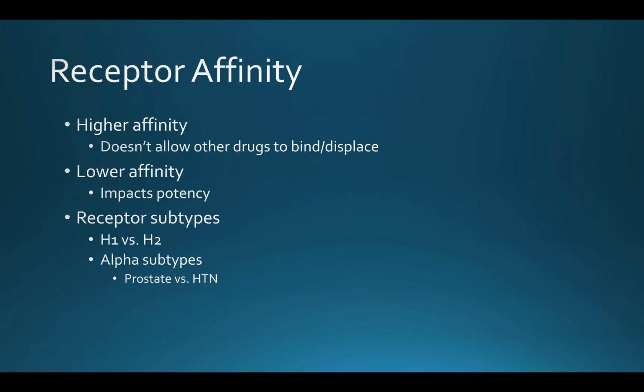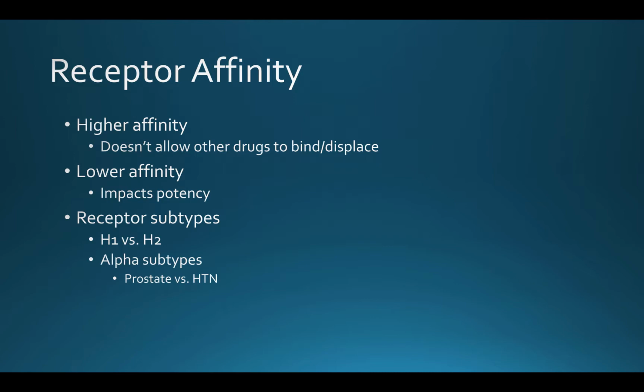We've got beta 1 receptors on the heart, and a drug like metoprolol or atenolol is more selective for the beta receptors on the heart, and less selective for the beta 2 receptors on the lungs, where a beta blocker can potentially reduce lung functioning by blocking those receptor sites.